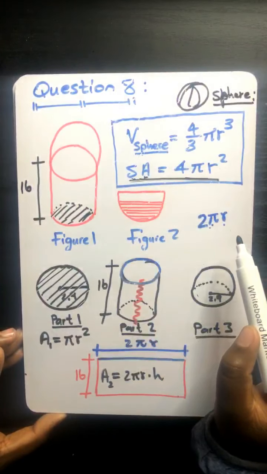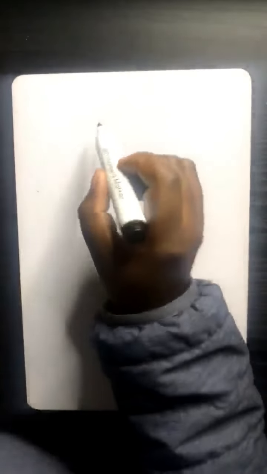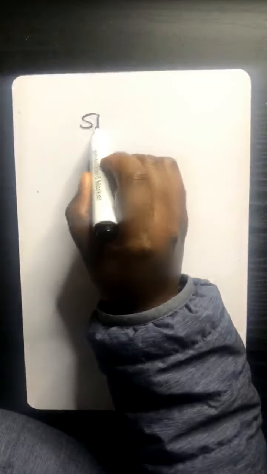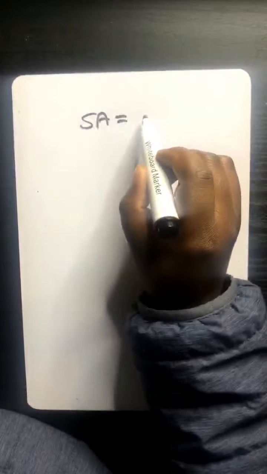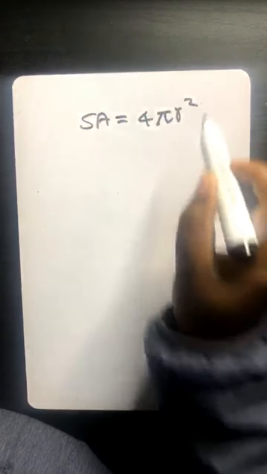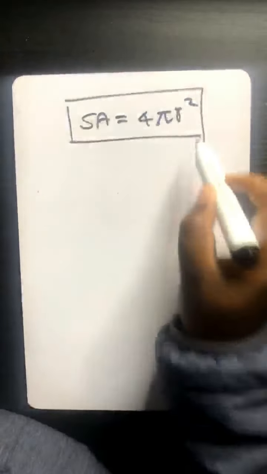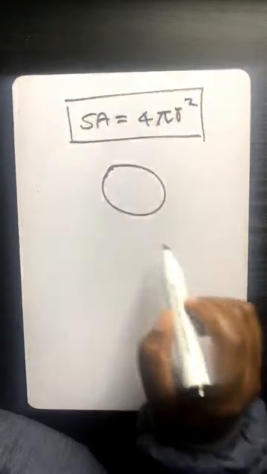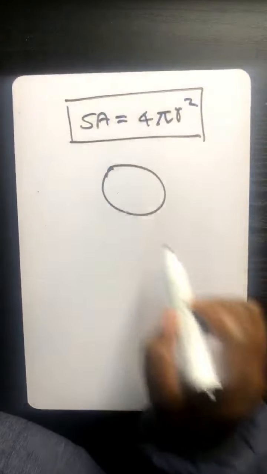Yes, sir. The surface area. Yes. So we are given the formula of surface area being equal to 4 pi r squared. And remember, this formula, they said, is the surface area of a sphere. What is a sphere? A sphere is that tennis ball.